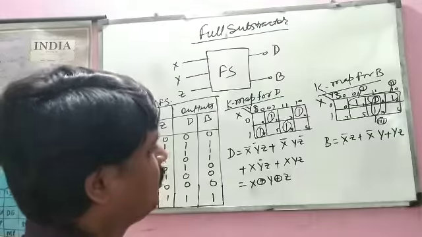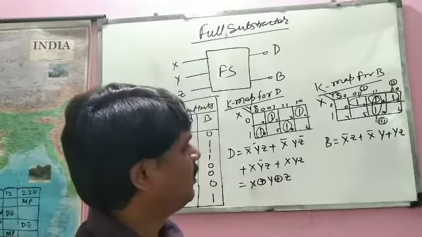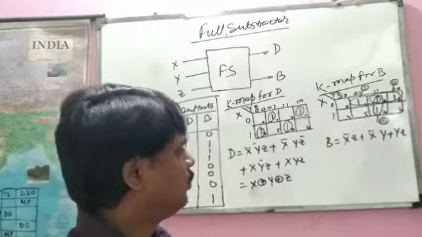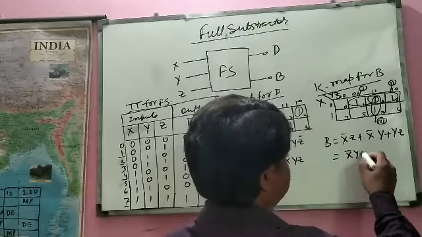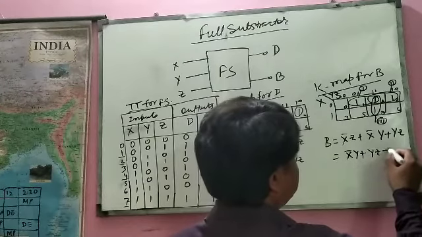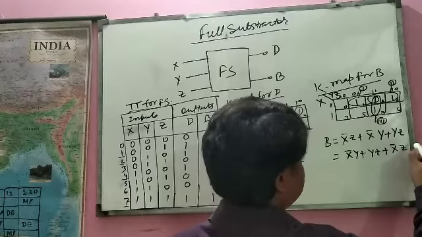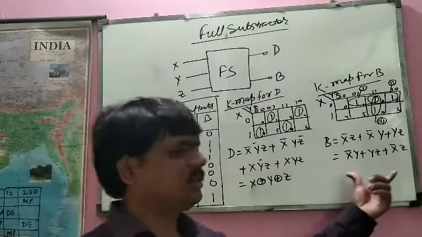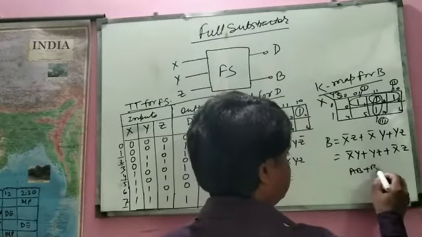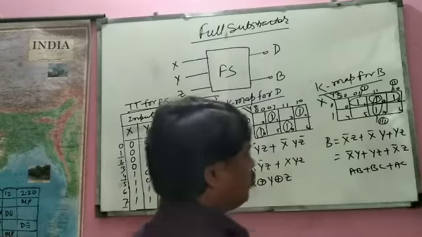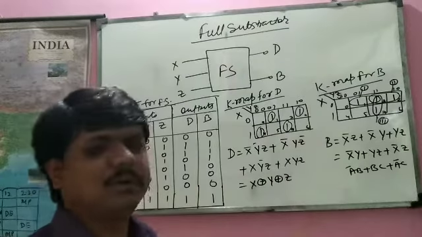So this is the case. The expression is X bar Y plus YZ plus X bar Z. The only difference from the full adder expression, which was AB plus BC plus AC, is that if you complement the first variable, it becomes the expression for borrow.